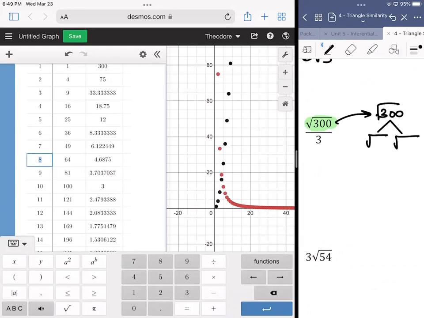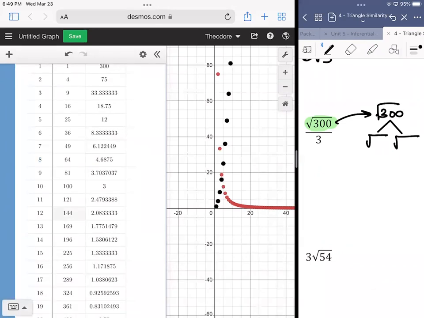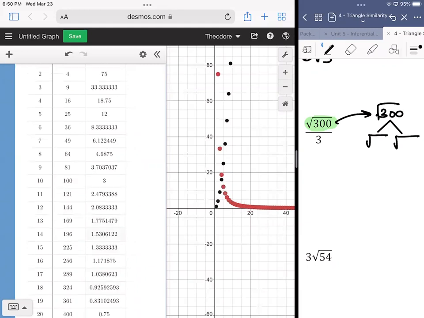I start my search at half the value of the radicand, which would be 150, so that puts me in this neighborhood. Then I start working my way down the line until I find a whole number in the 3rd column. There are a whole bunch of decimal values, but it isn't until we get to this case here where we have a whole number, as we start at the half value of the radicand and work our way towards 1.